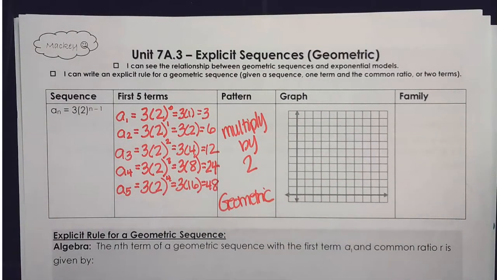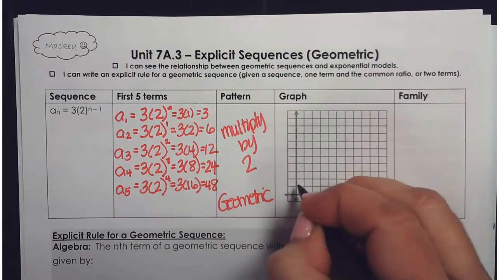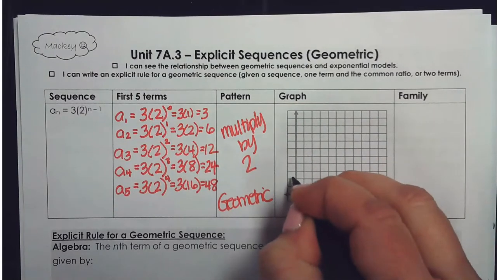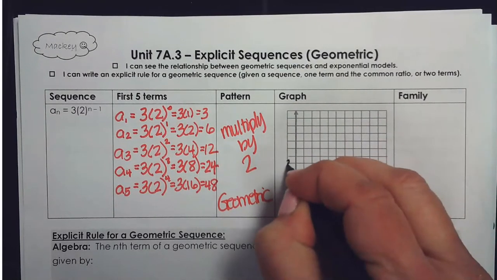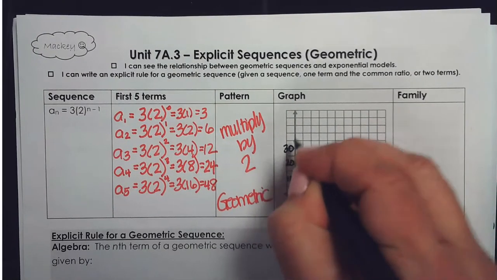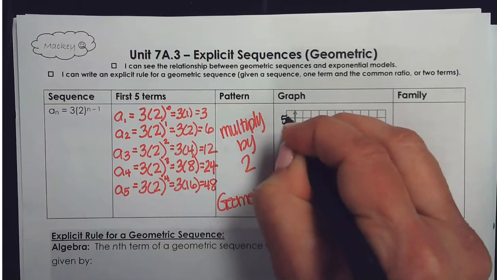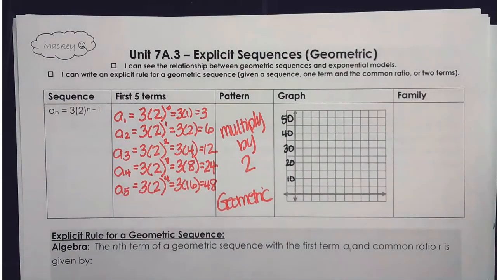So let's graph this. We have to go all the way up to 48. So maybe let's go by 5. I'm just labeling every 10.